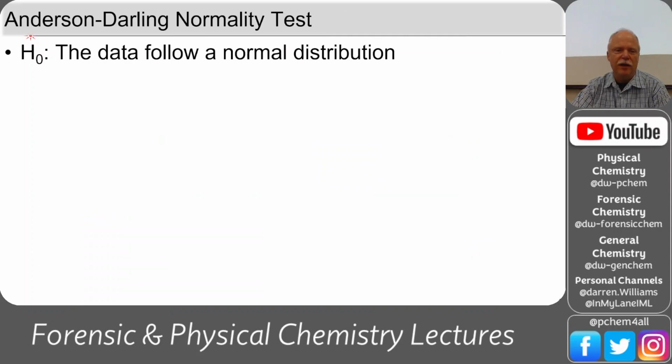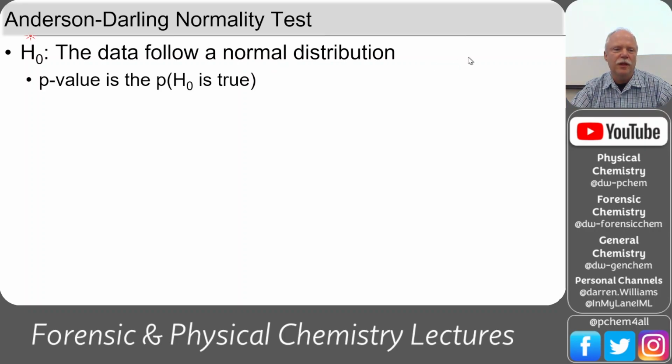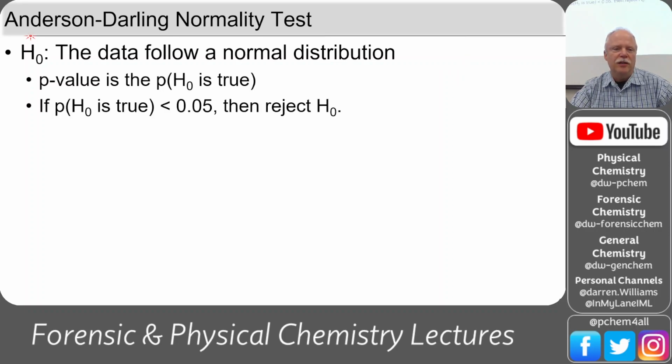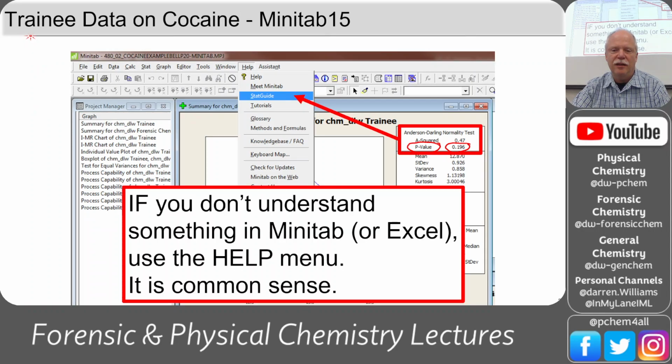And so if you go to that stat guide, here's the information on the Anderson-Darling normality test. The null hypothesis, this is the data, follows a normal distribution, and the p-value is the probability that that's true. So if the probability is less than 0.05, then we would reject the null hypothesis. And so for our data for that trainee, the p-value was 0.9196.